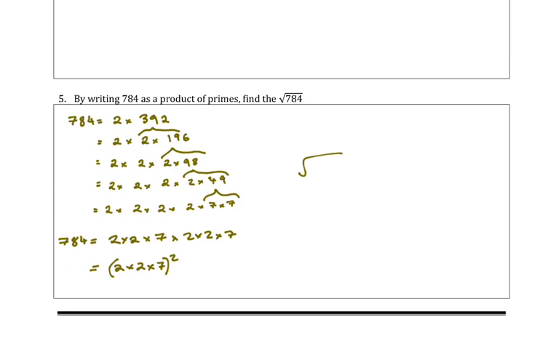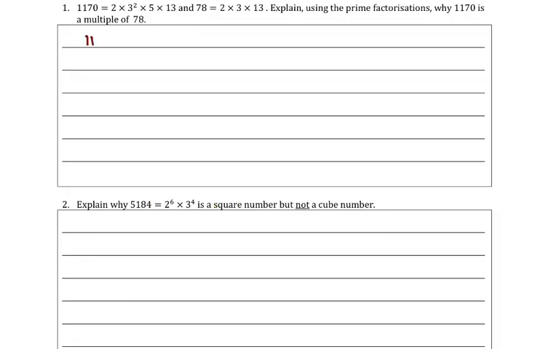Okay, this means that I can square root it. So square root of 784 is really just the square root of 2 times 2 times 7 squared, which is just 2 times 2 times 7. And we can work out what 2 times 2 times 7, it's 28. So the square root of 784 using this prime factorization method is 28. Okay, next.